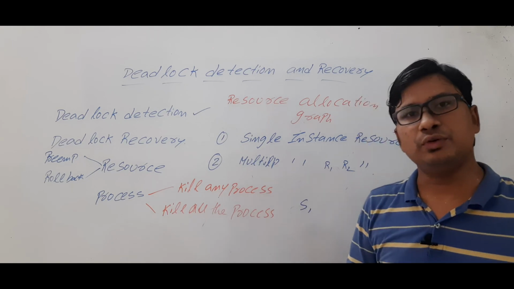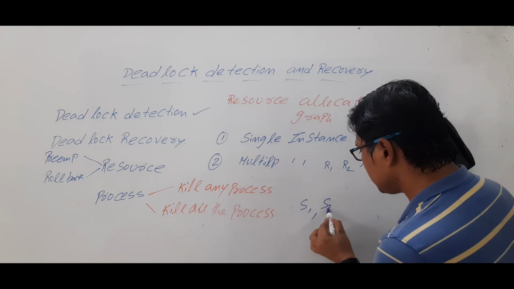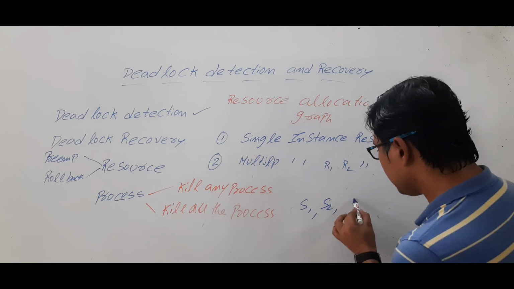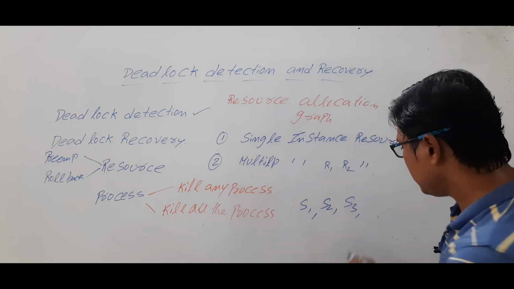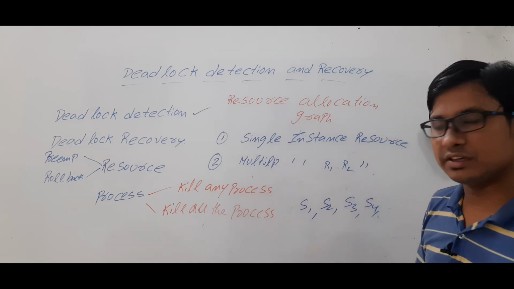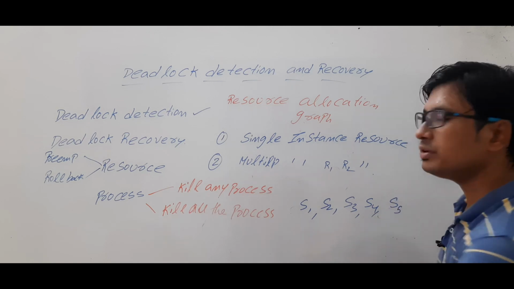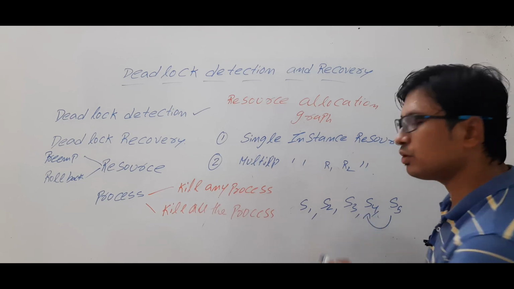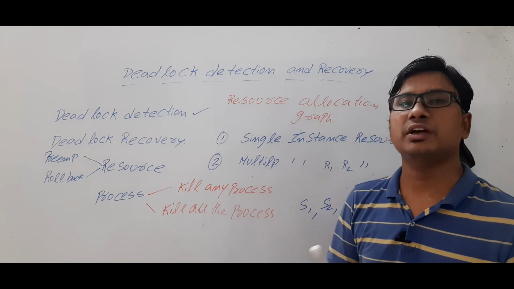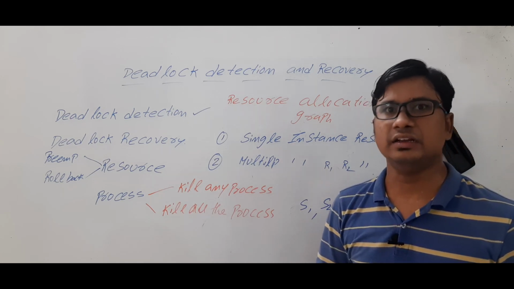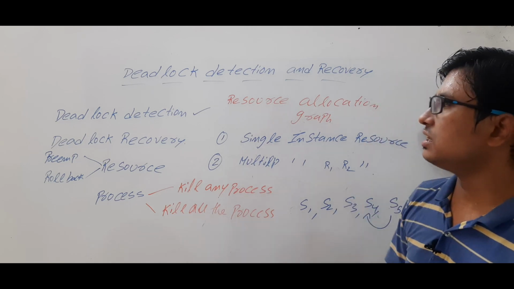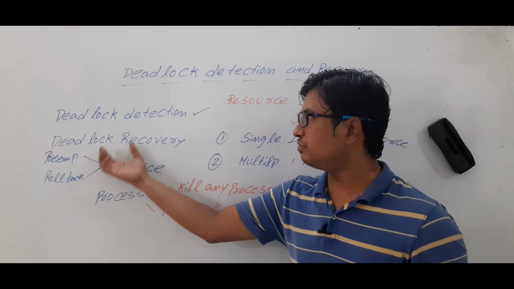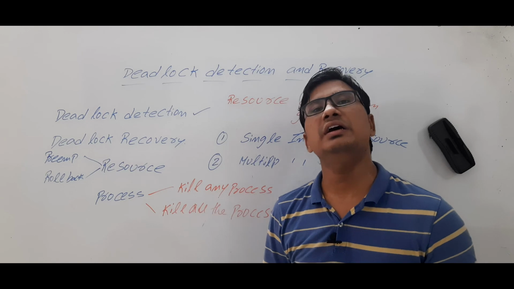In stage 1 you found the system isn't safe, in stage 2 you found the system is safe, in stage 3 the system is safe, and stage 4 is also safe. At stage 5 you found that the system is not in a safe state. Then what will you do? You will roll back, you will go back to stage 4 to recover from the deadlock. Is it clear? Are you able to understand? So these are the strategies you will follow for deadlock detection and deadlock recovery.